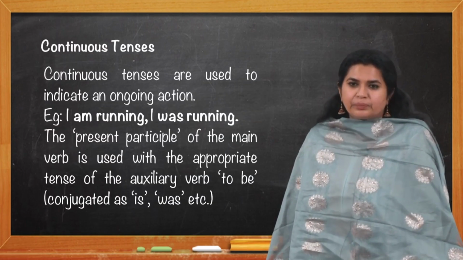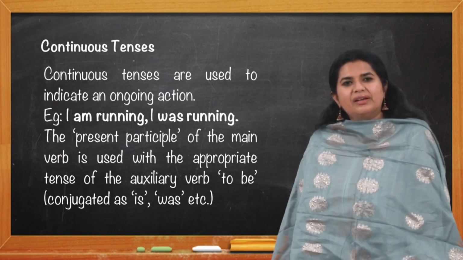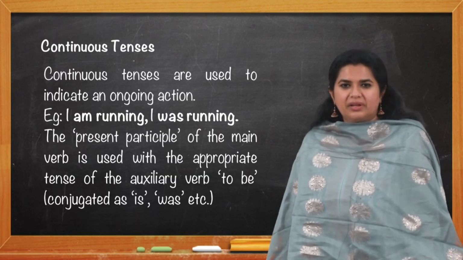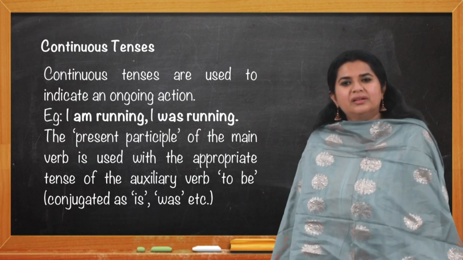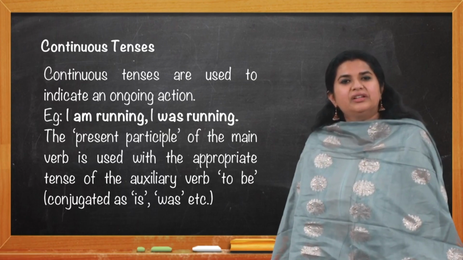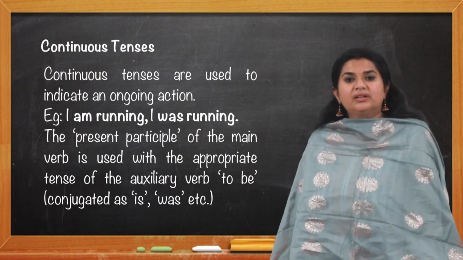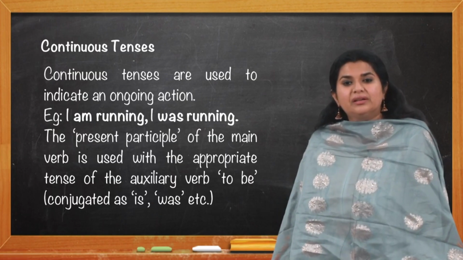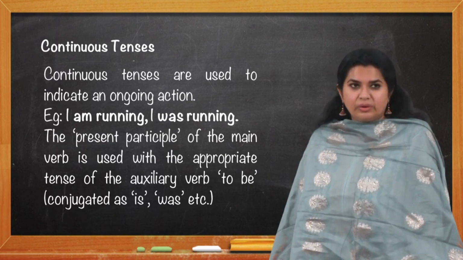Continuous tenses, part of tense again in the broader term aspect of tenses, we have continuous also: present continuous, past continuous, future continuous. Continuous tenses are used to indicate an ongoing action. I am running, it is going on. I am talking, it is going on.